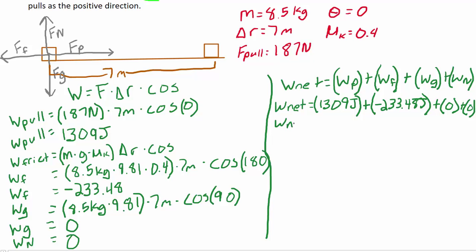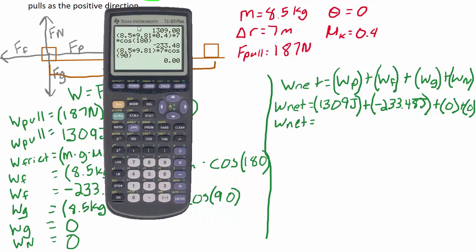So net work done is going to be 1309 plus negative 233.48 plus 0 plus 0.